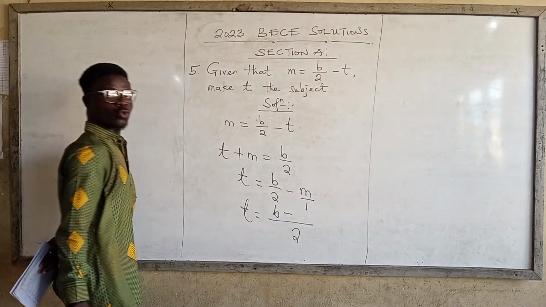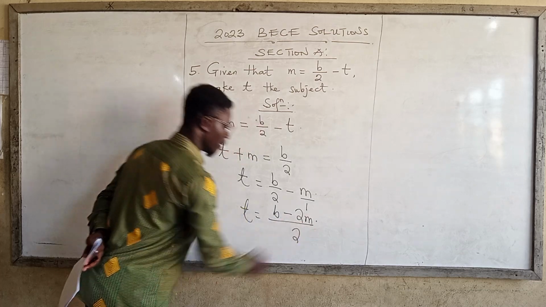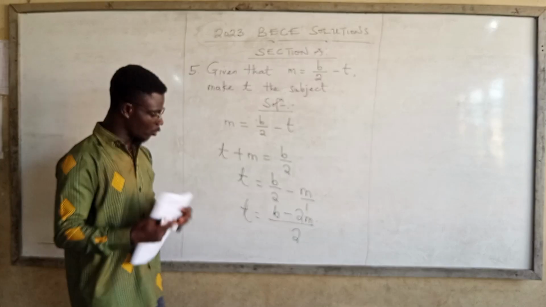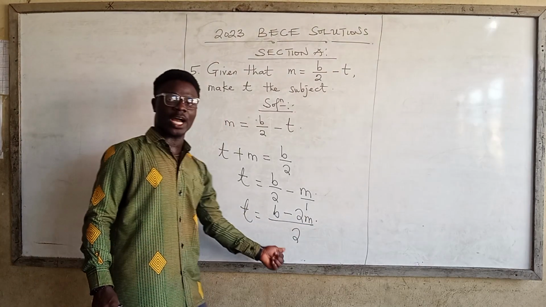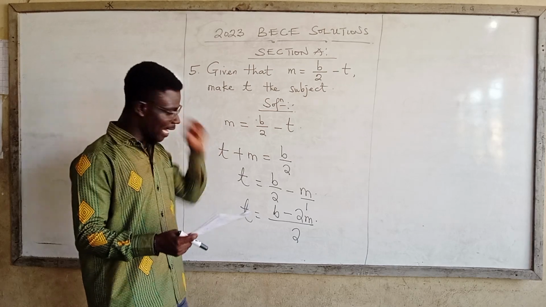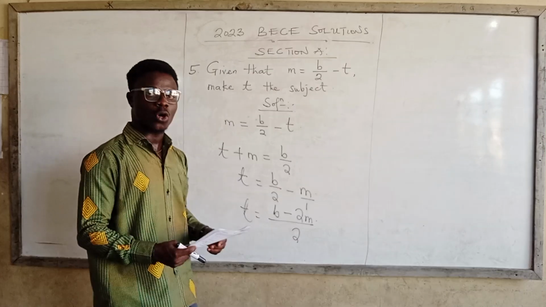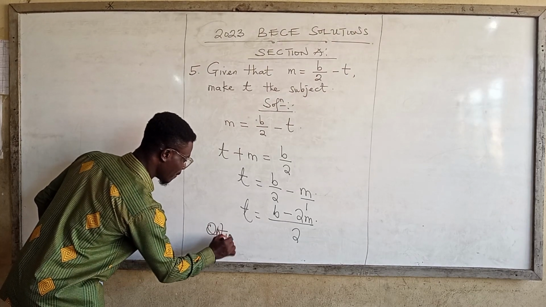Minus 1 goes into 2, 2 times the variable m, we have 2m. So we have our answer to be t equals b minus 2m, all divided by 2. We can see that our answer is available inside the options, which is option A for Amma.